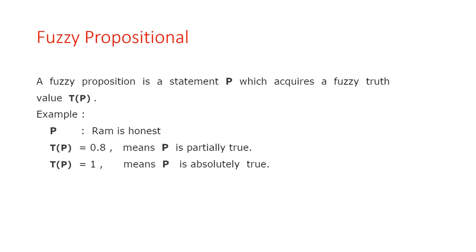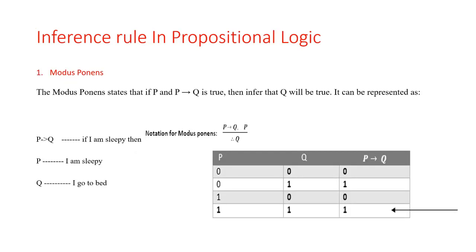The truth value for this particular statement is 0.8. It means that P is partially true. If the truth value for this statement P is equal to 1, it means that P is absolutely true. So this is a fuzzy proposition.